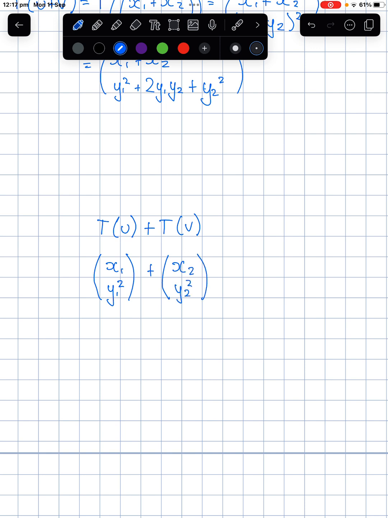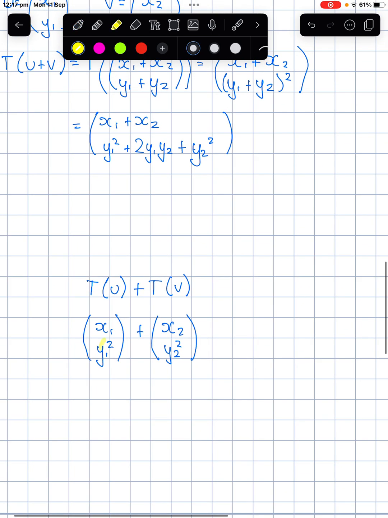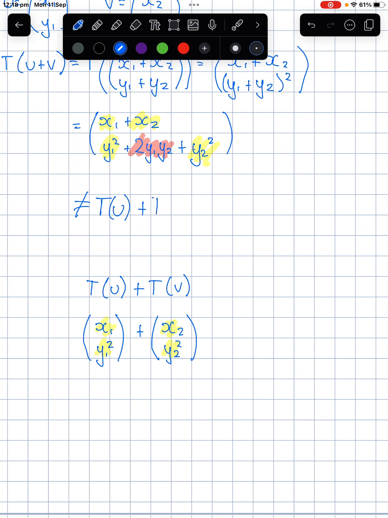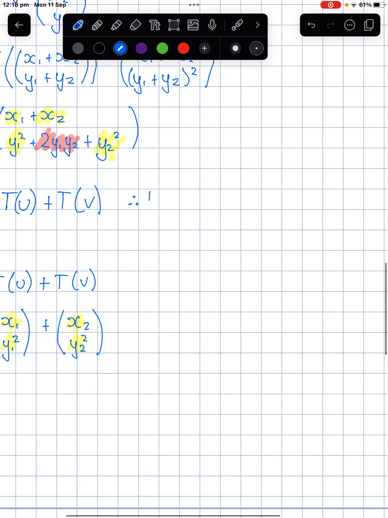You can see from this that we've got this term, this term, this term, and this term. So these terms are all here. But this, unfortunately, means that this cannot equal T(u) plus T(v). Therefore, T is not a linear transformation.